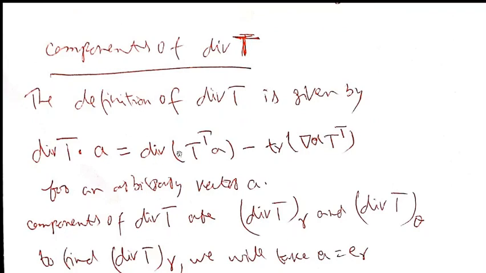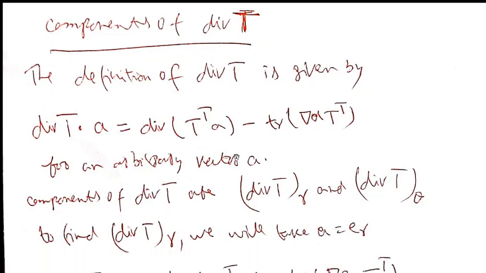The result would be this, for any arbitrary vector A. Now here we have two components of this divergence, the r component and the theta component.